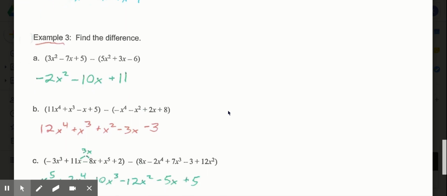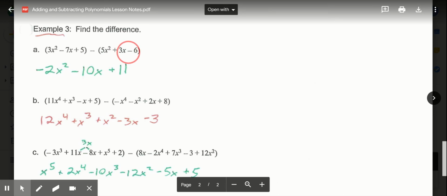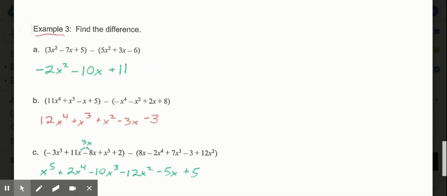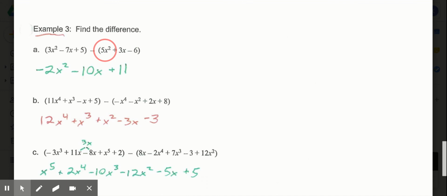Now, to find the difference, it's the same rule of combining like terms, but now you have to apply the subtraction to each term in this second polynomial. So what I mean by that is combining like terms here of 3x squared minus 5x squared.